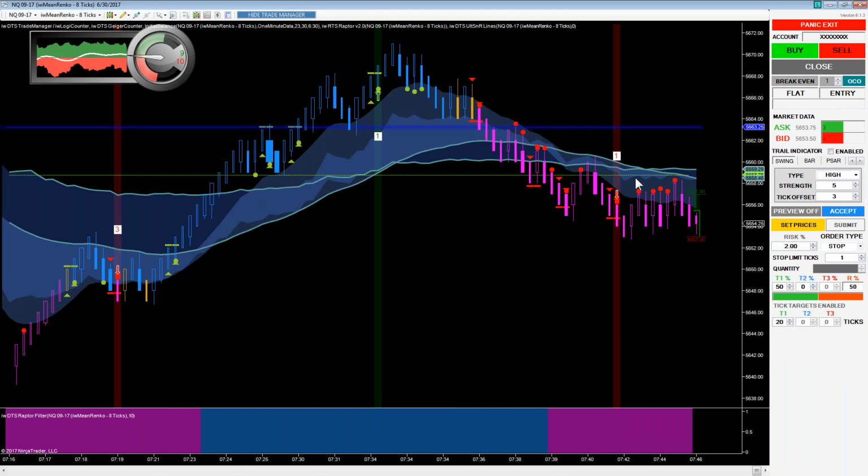Well, this is similar to a hard edge bounce as well. You can also consider it a second push entry on the number 1 signal.